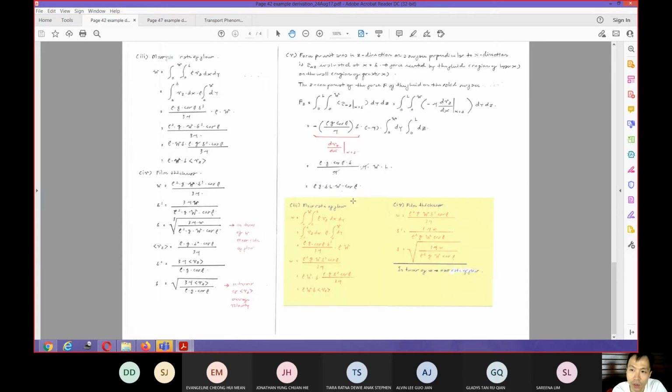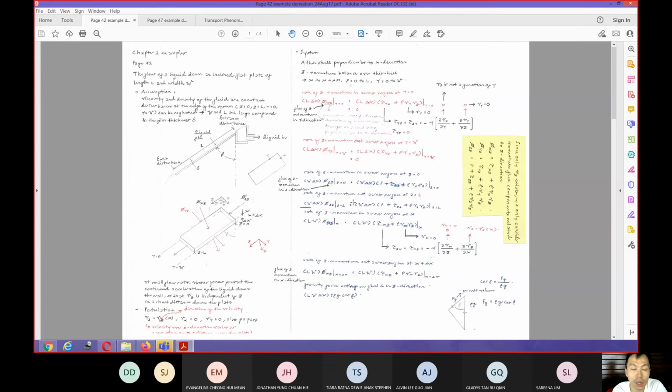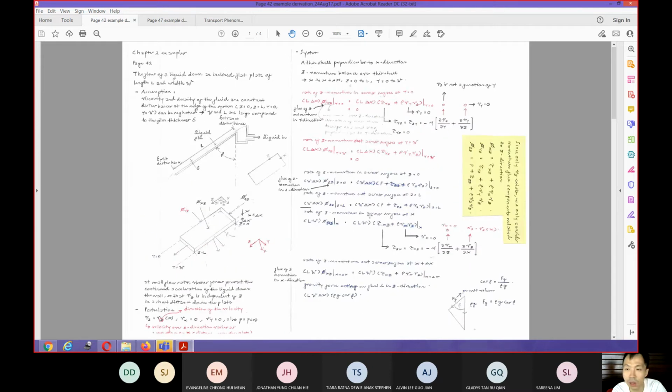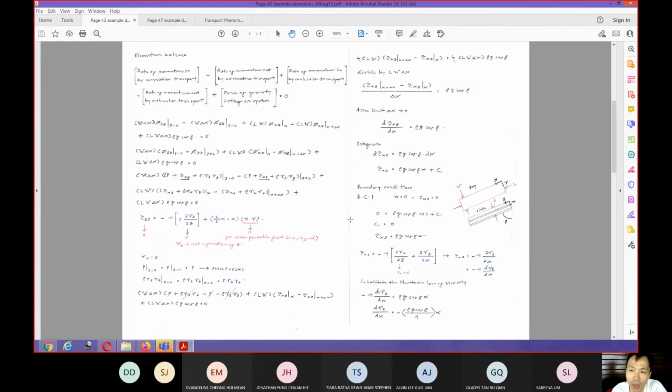So I will stop a little bit here and ask you, are there any particular difficulties, anything that you don't really understand when we discuss this example? Any step that you don't know? Anything that you are confused with now? It's the right time for you to clarify this.